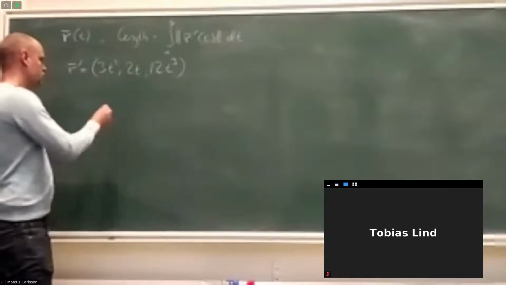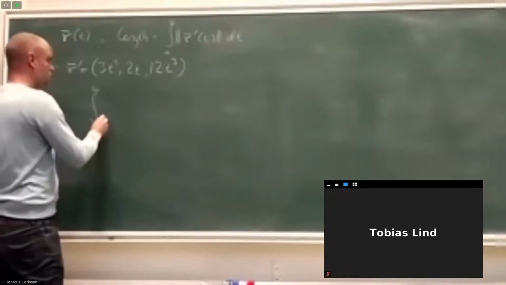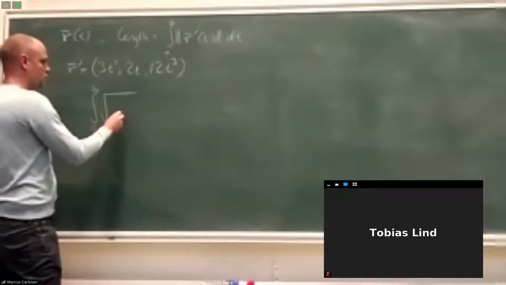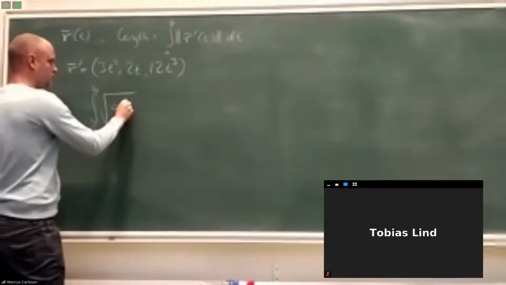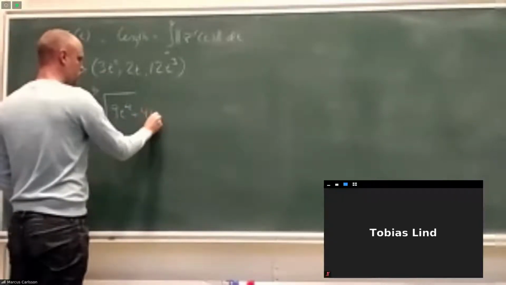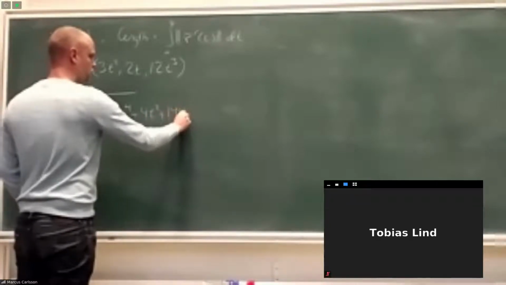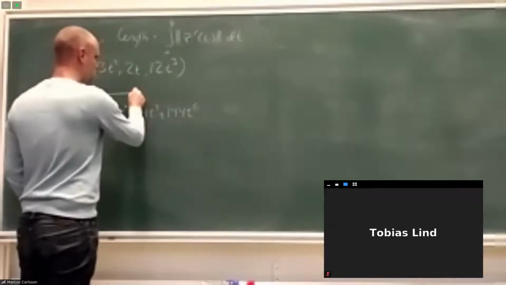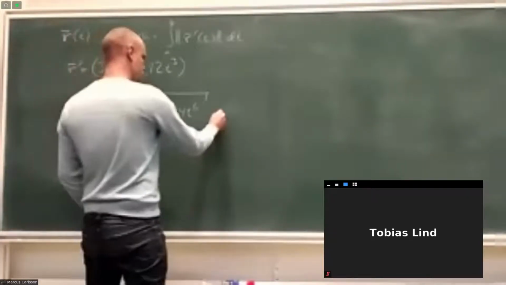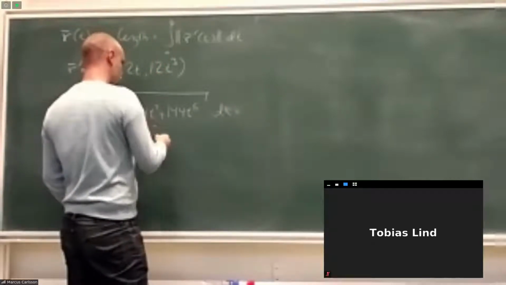What was the integration limits? It doesn't really matter. Whatever the integration limits were, there was a mistake in this one. So we get an integral which we cannot solve. 9t^4, that's the square of that guy, plus 4t^2, plus 144t^6 is the thing we're integrating, the t, and then of course we can pull out the t squared here.